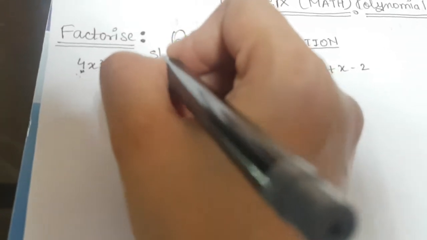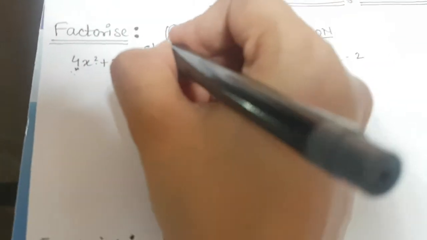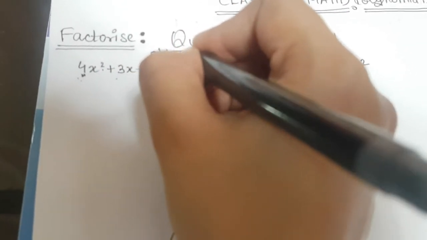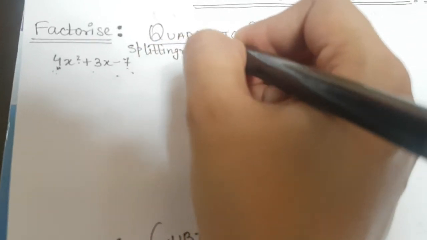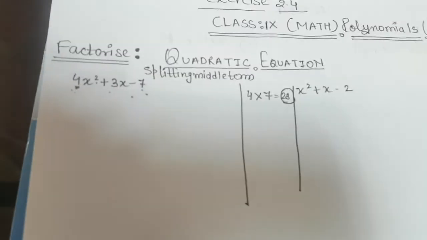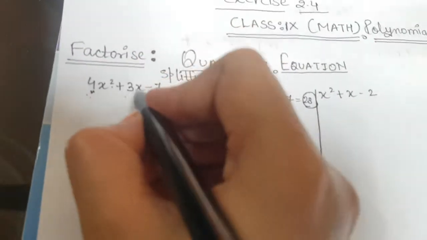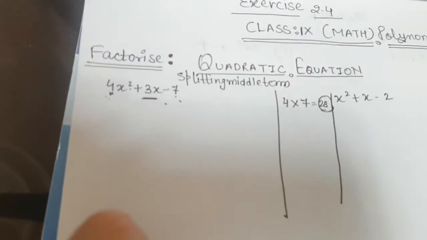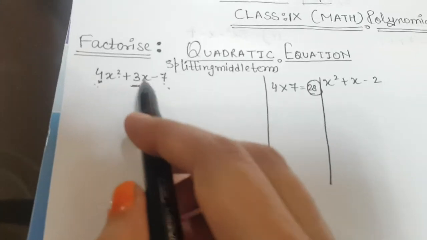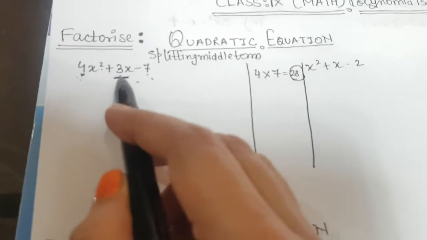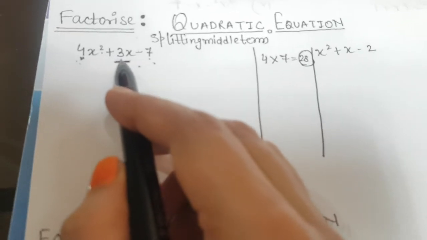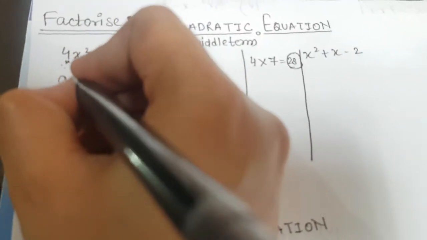This method by which we are factorizing is called splitting the middle term. In this method we will split the middle term. Middle term means the middle term should always be the x term. If the equation is not in the standard form, and what is the standard form of a quadratic equation?